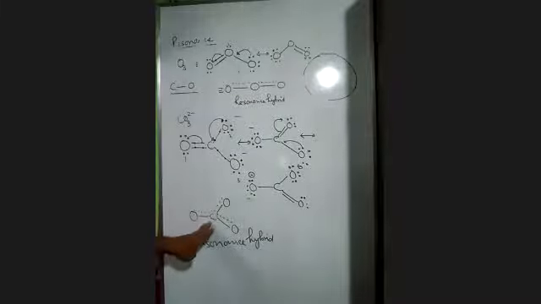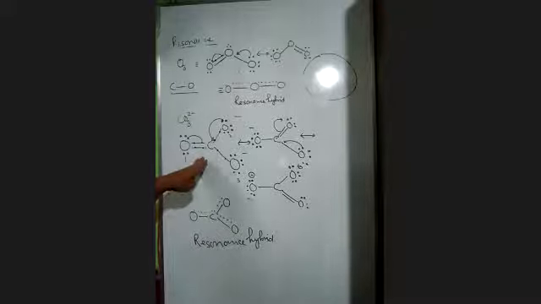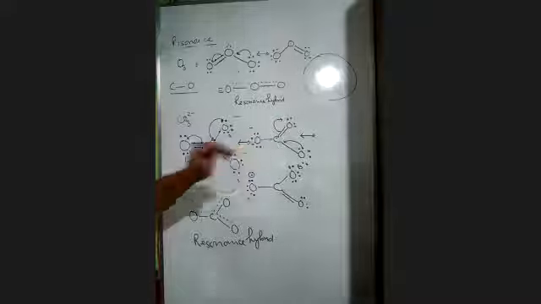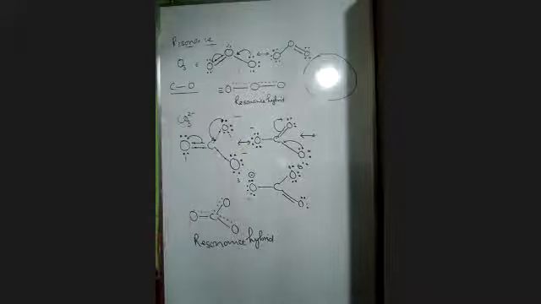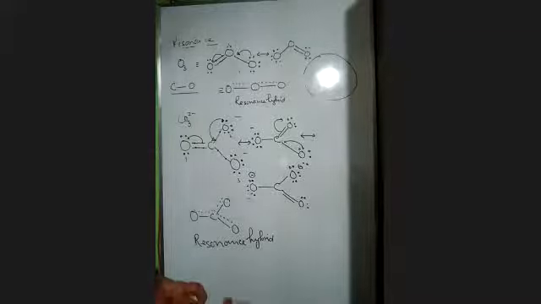But how will you come to this structure? There should be a logical conclusion. How can you come to it? First of all, we show that these are the different ways the carbon-oxygen double bond migrates from one oxygen to the other. And formation and breaking of bonds only takes place through the movement or shifting of electrons.